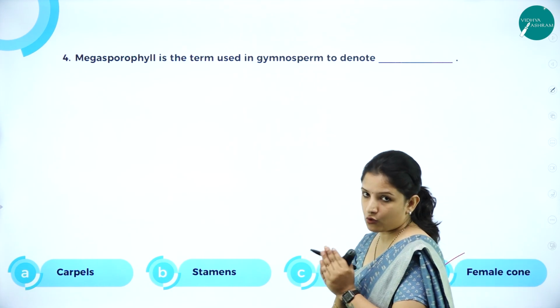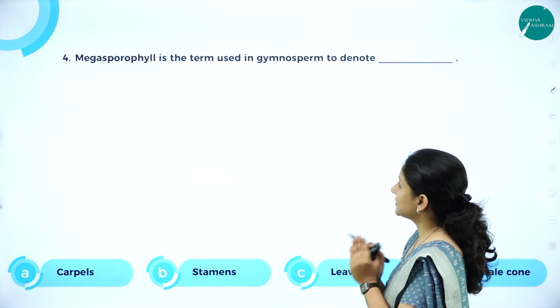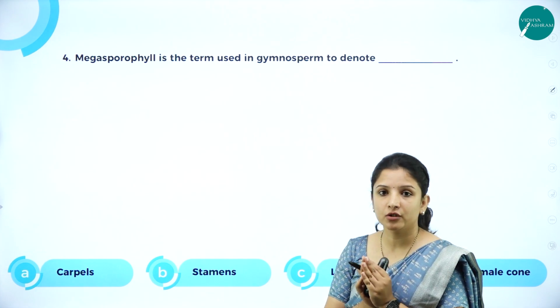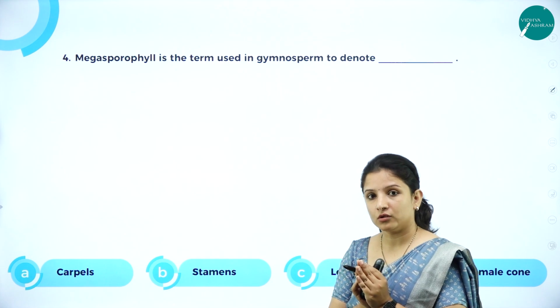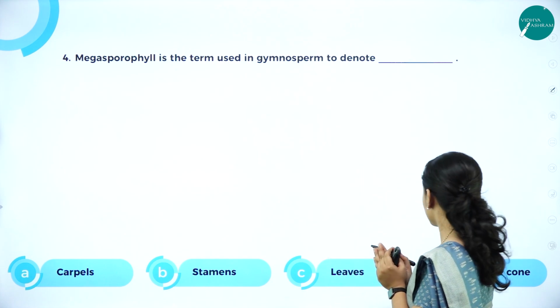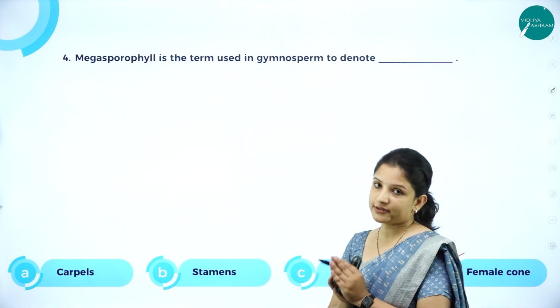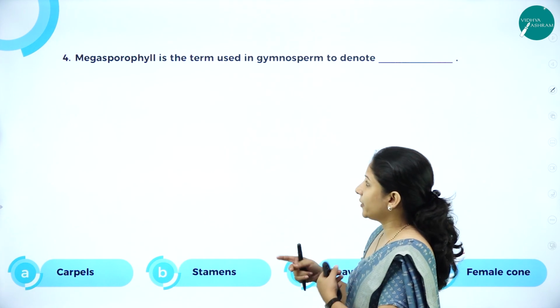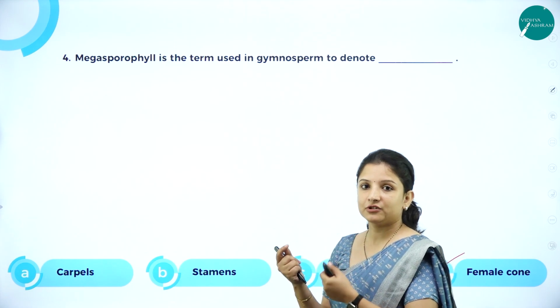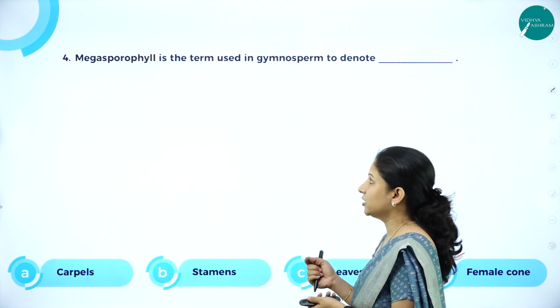So it is called female cone. And microsporophyll is the term used in gymnosperm to denote the male cone. Or the answer can be given as female strobili, male strobili, because cones are also called strobili. So based on these, some of the MCQs can again be framed under this particular topic.